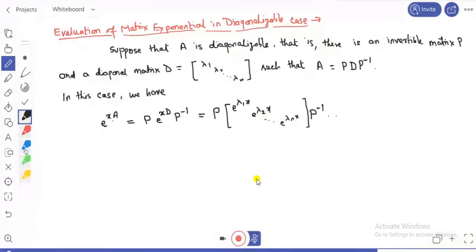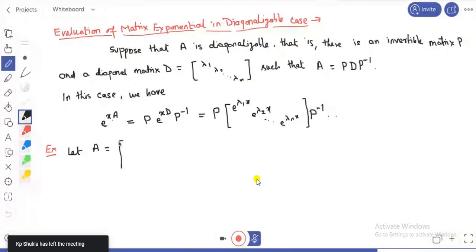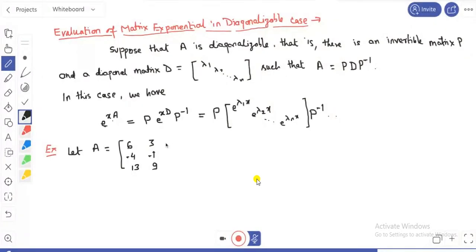Okay, so if we take an example, any matrix, say a 3 cross 3 matrix, suppose with rows 6, minus 4, 13; 3, minus 1, 9; minus 2, 2, minus 3.